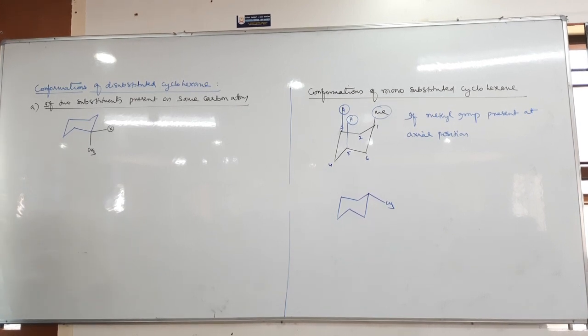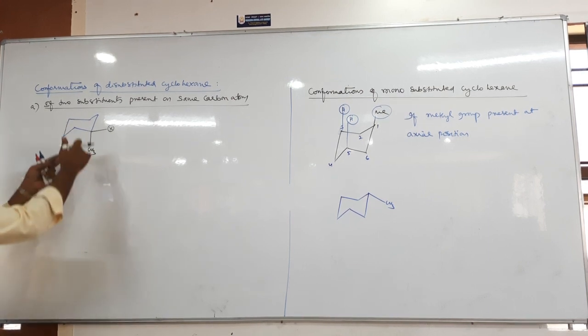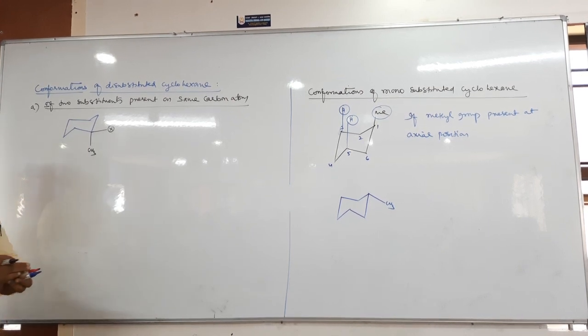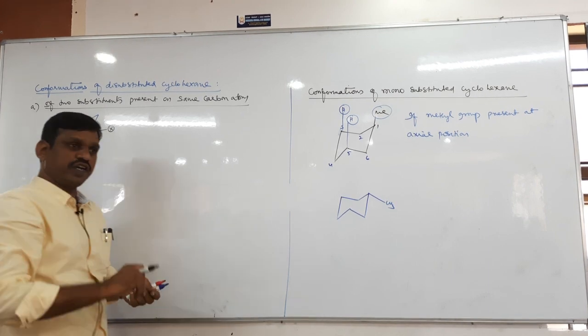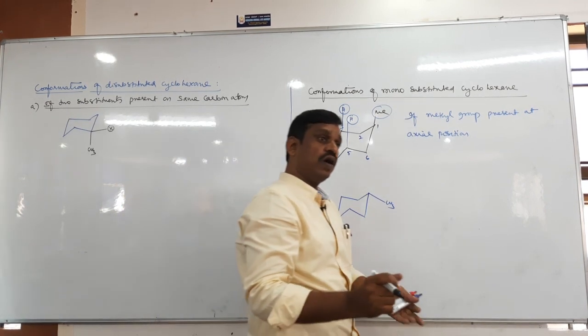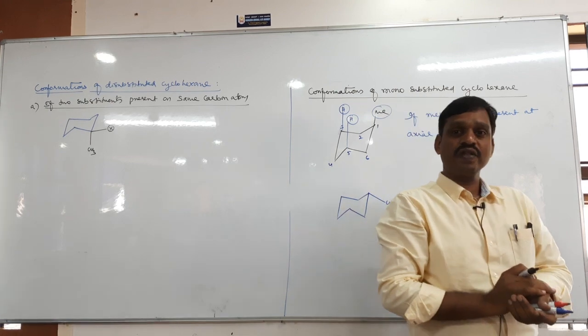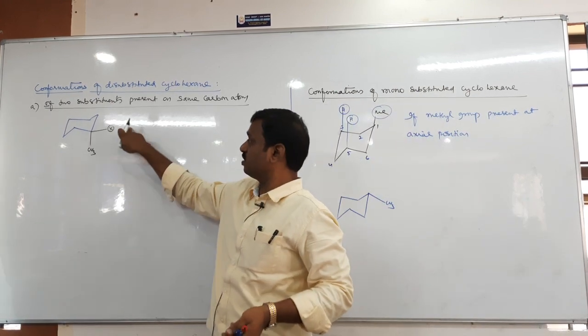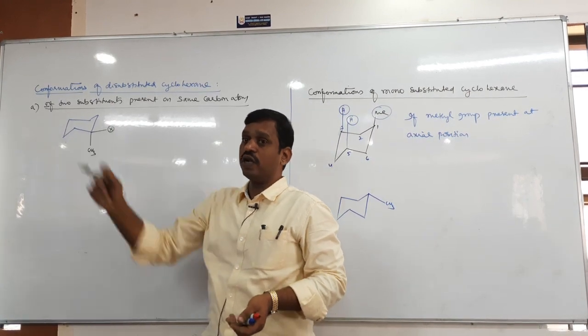But again there is a difference. If the methyl group and X group are both identical, there is no problem, because one is axial and the other should be equatorial. But if the two groups are different, one a smaller group and another a bulky group, like methyl and ethyl or propyl.